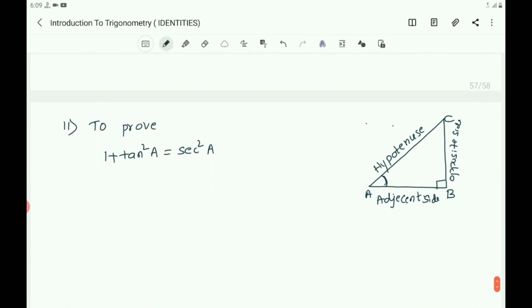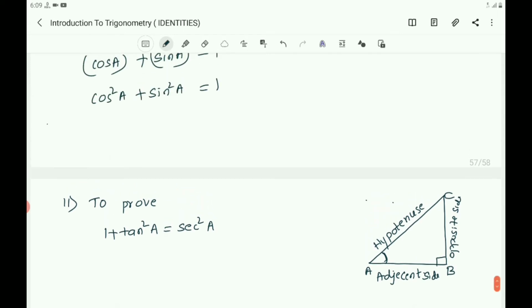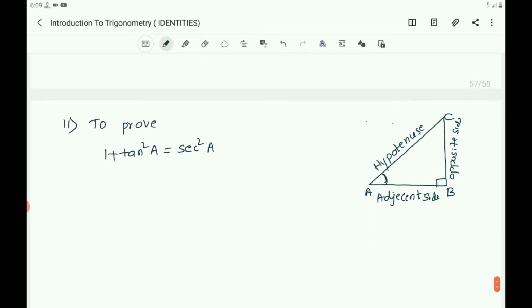Again you take the same right angle triangle, and already you got that cos square A plus sin square A equals 1. So you consider the previously proved identity. Consider cos square A plus sin square A equals 1. We proved it already.